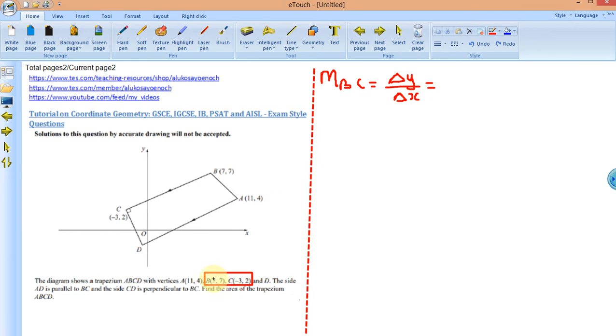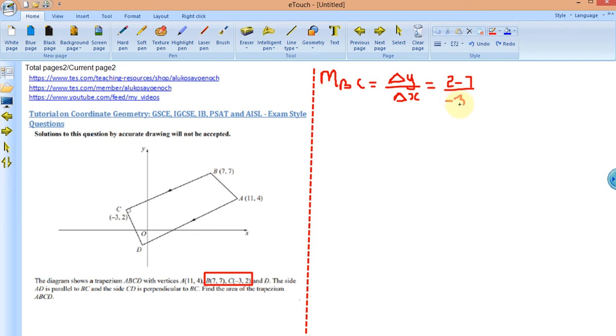So x1, y1 is 7, 7, then x2, y2 is minus 3, 2. So y2 minus y1 is 2 minus 7, divided by the change in x, that is minus 3 minus 7.